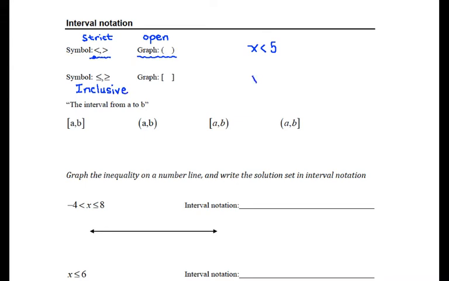That would be something like x is greater than or equal to 2, for example. This not only includes everything to the right of 2, it also includes the value 2. We use what we call closed brackets, which are these square brackets.